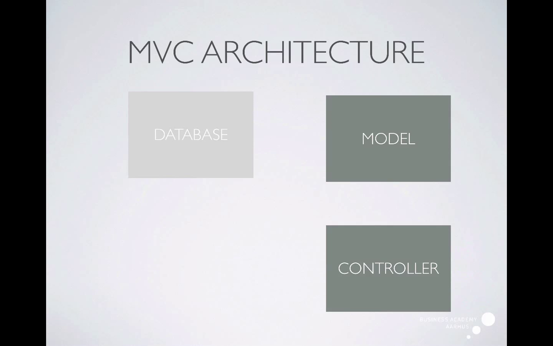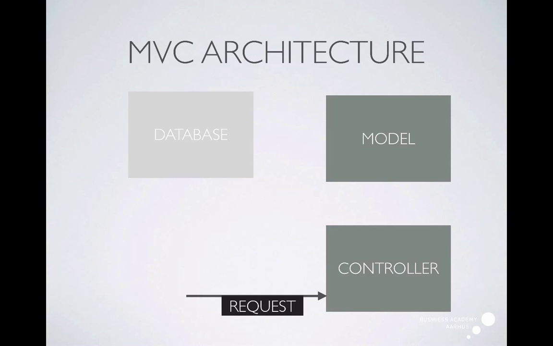The MVC architecture can be visualized as this. We get a request from the user, and the request goes to the controller. The controller is the mastermind of the architecture. It is here we make all our decisions of where we need to go to fetch some data and update the view.